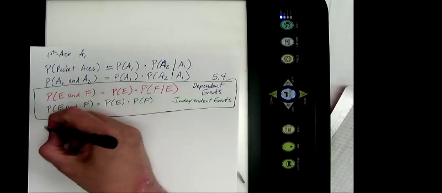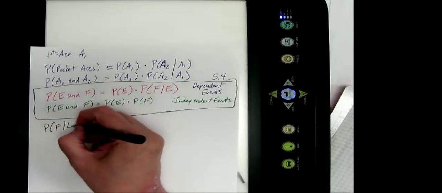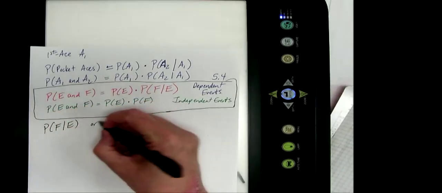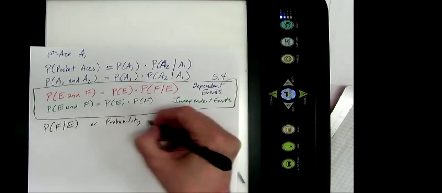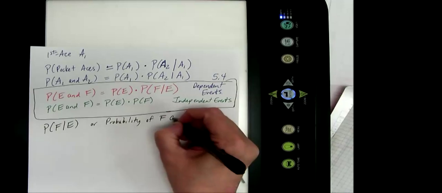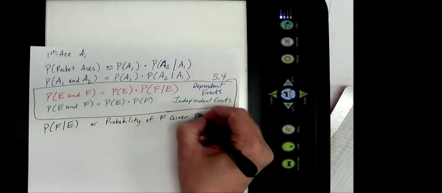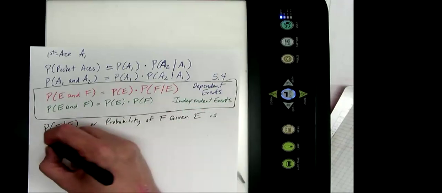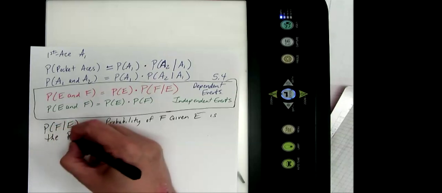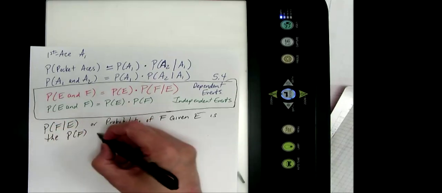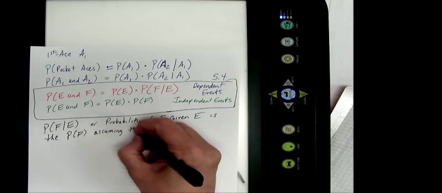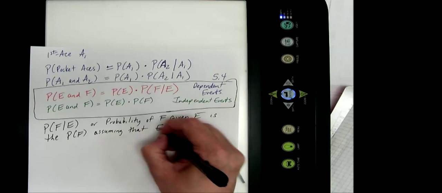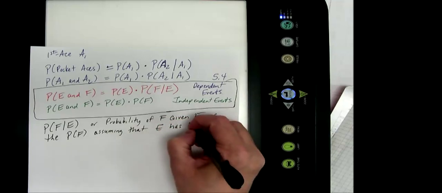Again, the probability of F given E is the probability that F occurs, assuming that E has already occurred, or happened.